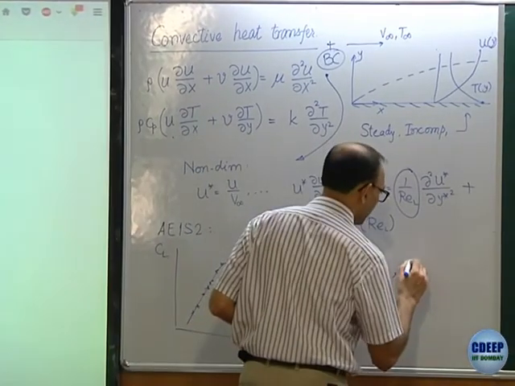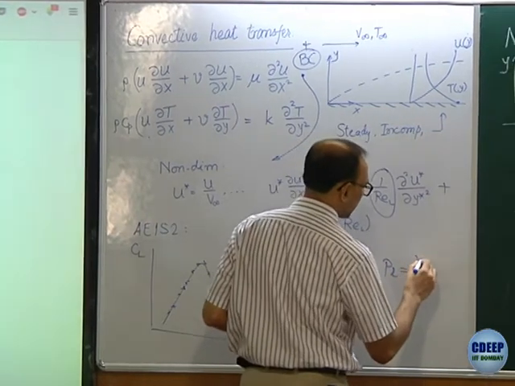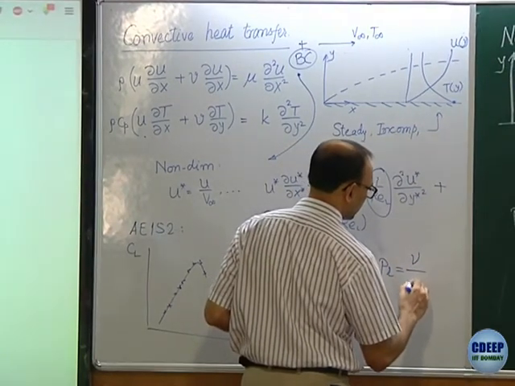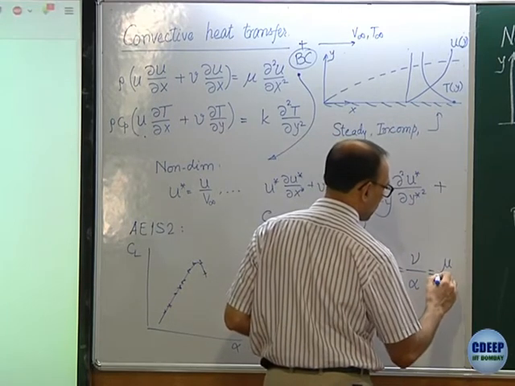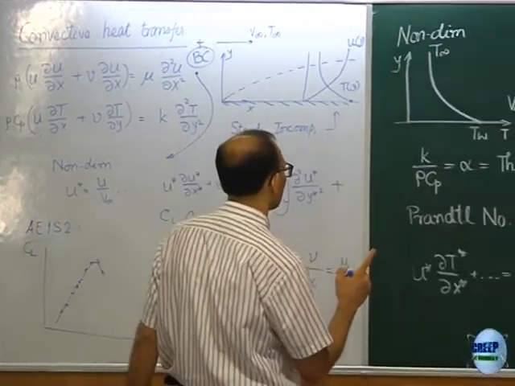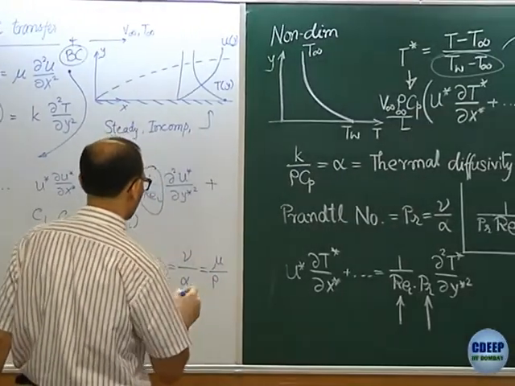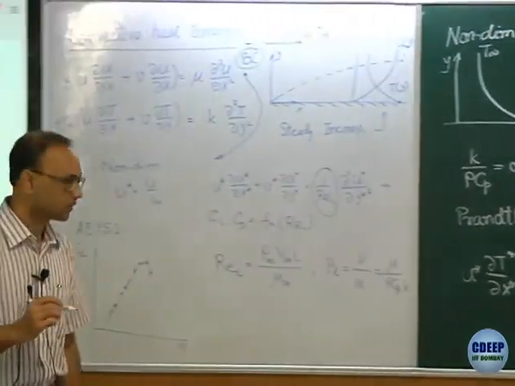Prandtl number is a ratio of kinematic viscosity and thermal diffusivity. You can write it as mu over rho. How do we get this? Mu over alpha is rho Cp times conductivity, right?